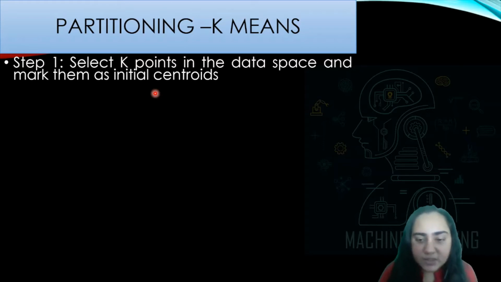There are ways to select these K points. It depends on how many clusters you want to make. If I want to divide my data into 3 clusters, I will select 3 points in the space. If I want to make 4 clusters, I'll select 4 points. So based on that, you can select K points.